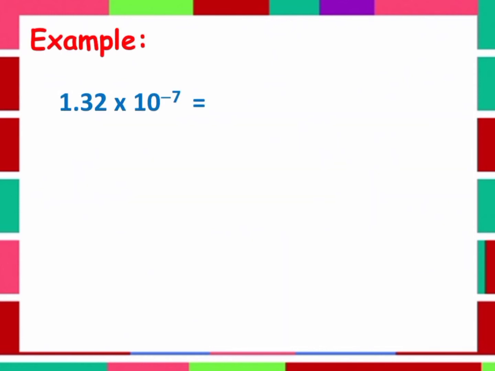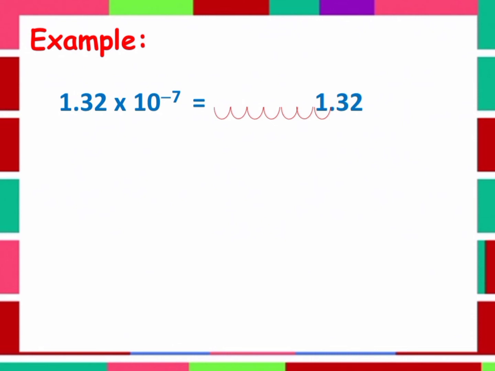Now, how about this one? The exponent is negative. So again, if the exponent is negative, we move to the left. First, copy 1.32. Then, from the decimal point, move 7 places to the left: 1, 2, 3, 4, 5, 6, 7.